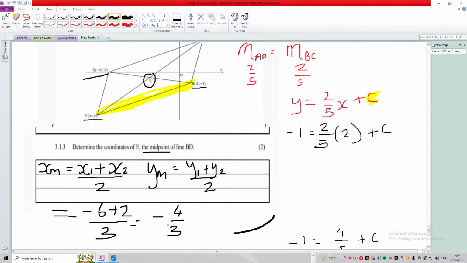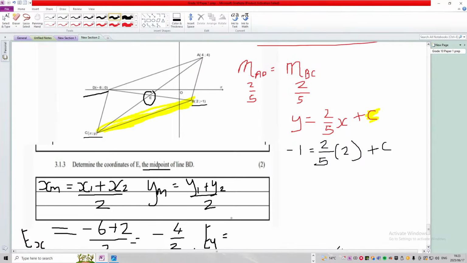That is the x coordinate. Am I right there? Minus 4 over 3. Then for the y, we have the x value of E and the y value of E.